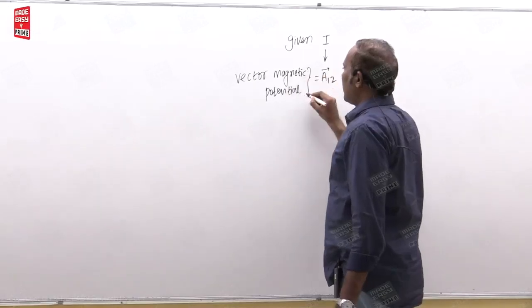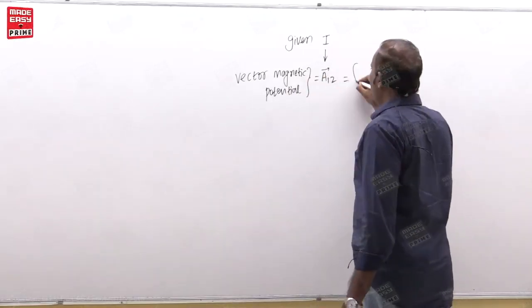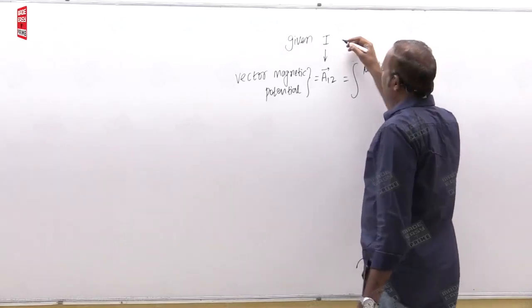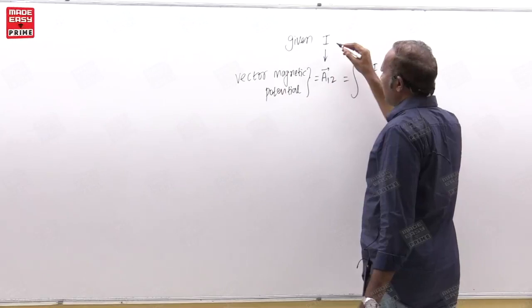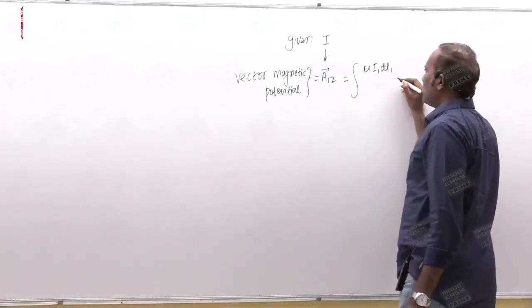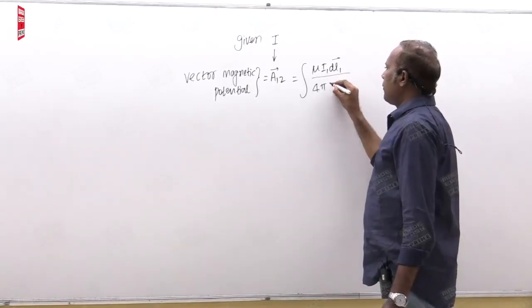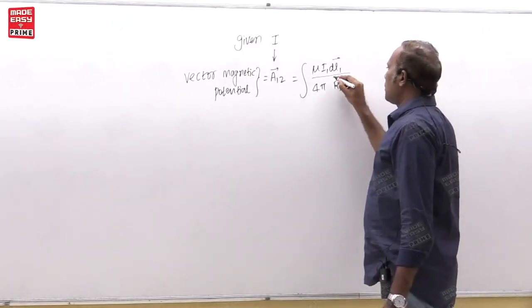So first we will calculate the vector magnetic potential. The formula of that is the integral of mu I dl, wherever this current conductor is there, that is taken as point 1. So A = mu I1 dl1 bar divided by 4 pi modulus of R12.